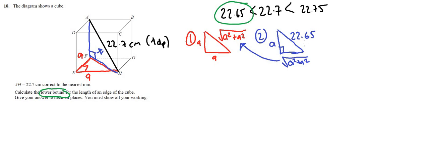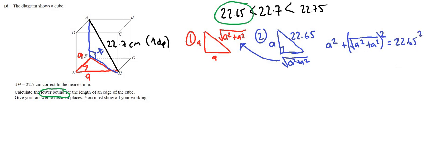So now I take this squared plus this squared: A squared plus the square root of A squared plus A squared, all squared, equals 22.65 squared.